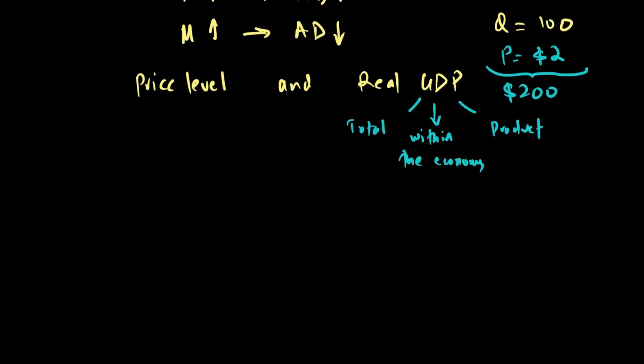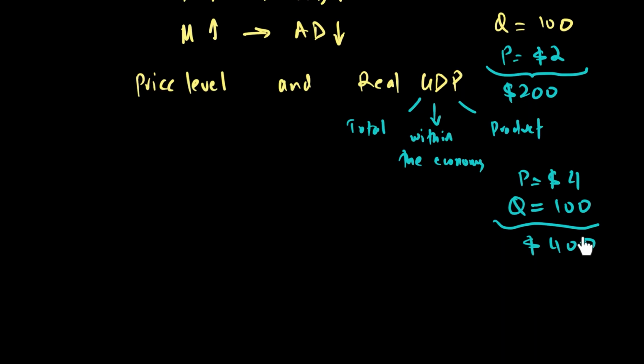Right? Now, what do we mean by real? Real means after taking into account the price changes. So for example, next year prices go to, let's say, $4, but the quantity is still, let's say, 100. Now, although the value of the GDP is 400, because the quantity did not change, we can't say that your output is actually doubling in this case.